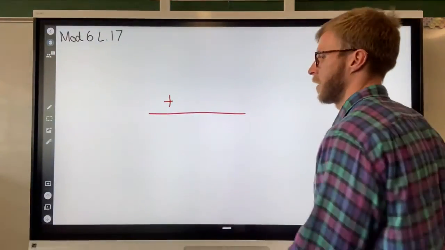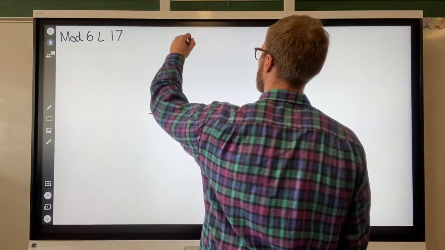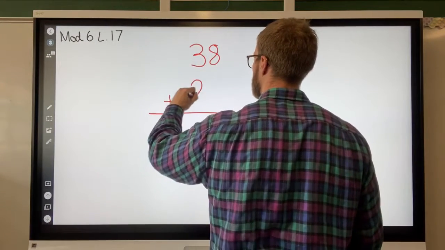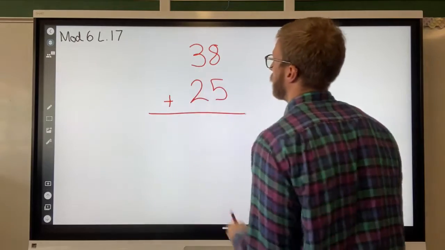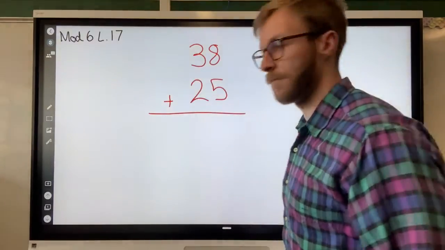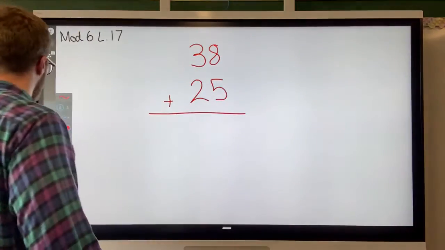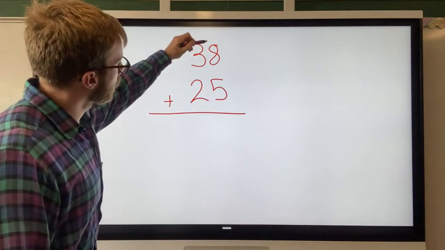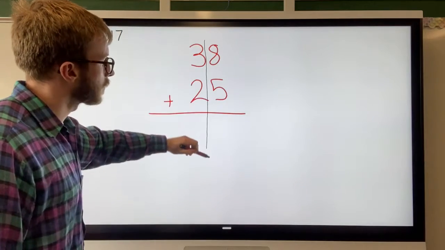And then we're going to write 38 plus 25. So we have 38 plus 25. Notice my ones are lined up, my tens are lined up. Make sure yours are too. And then when you have that down, you can go ahead and draw in that line to separate our tens and our ones.